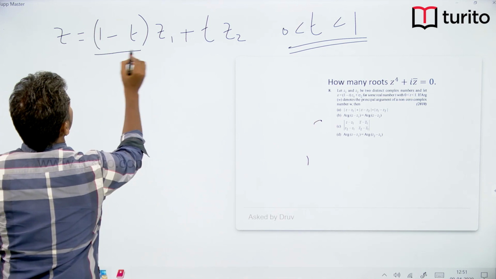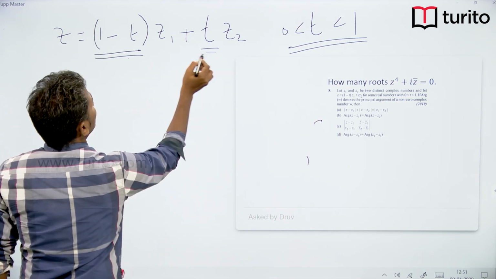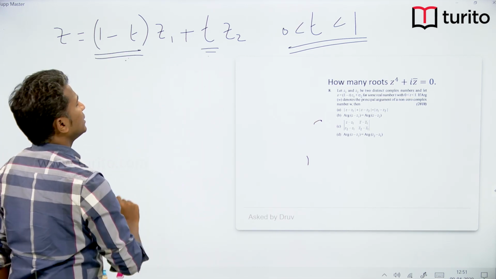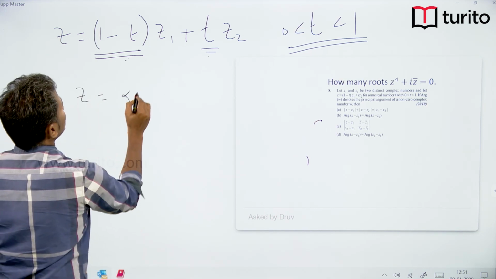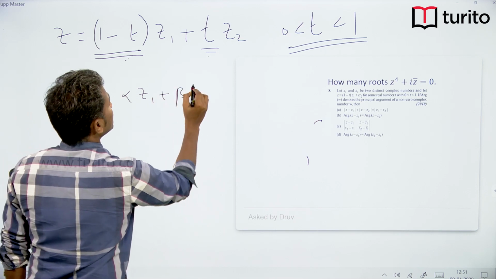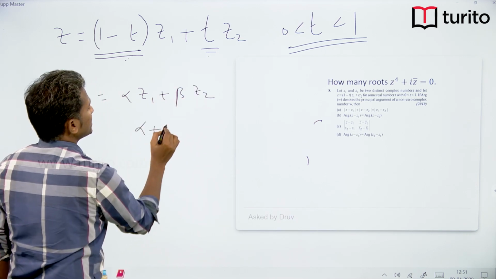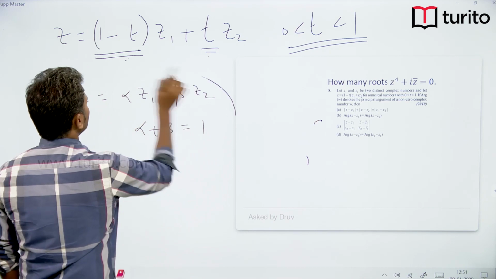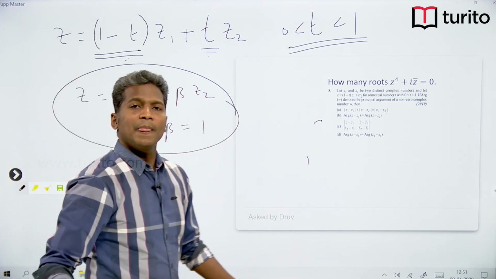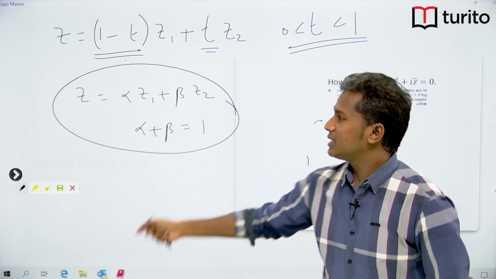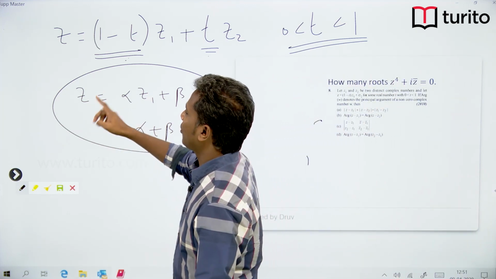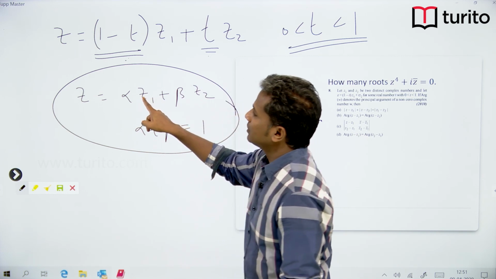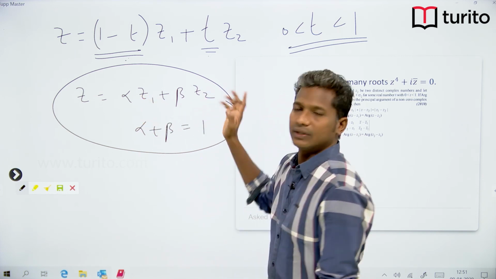So, if you observe these two values, the sum of these two values is always 1. Any time you get this relation z equal to alpha z1 plus beta z2, where alpha plus beta is equal to 1, it means it is a section formula. So, that means z is going to be a point lying on the line joining z1 and z2.